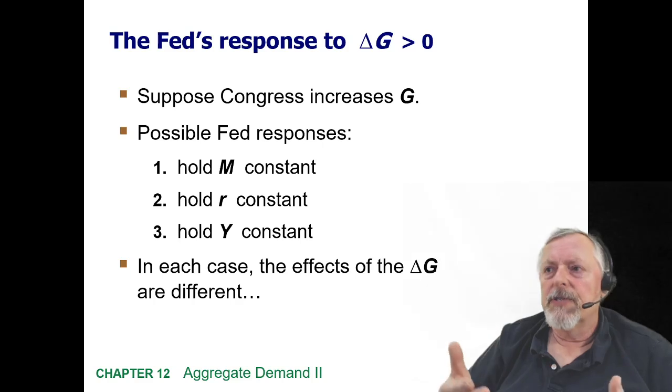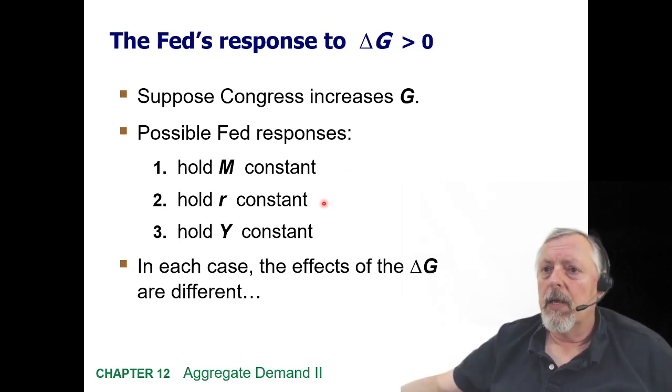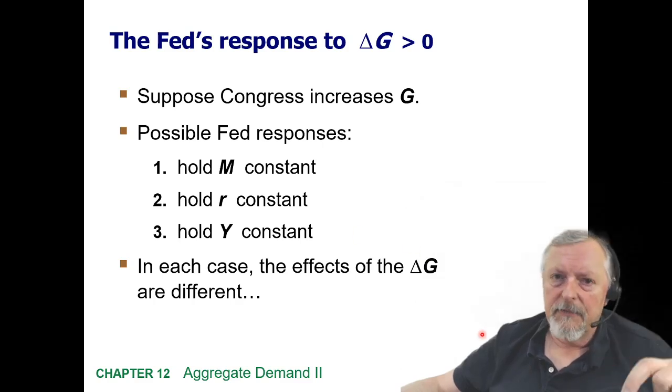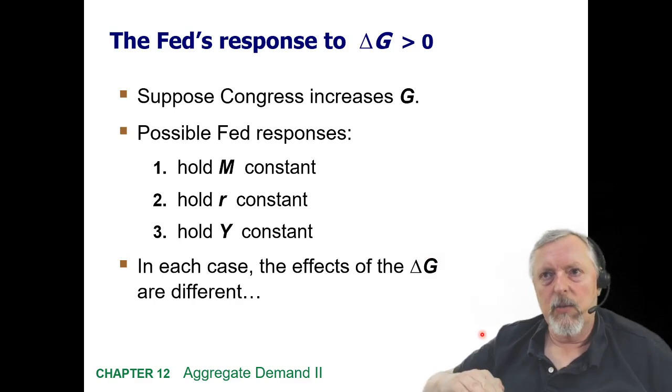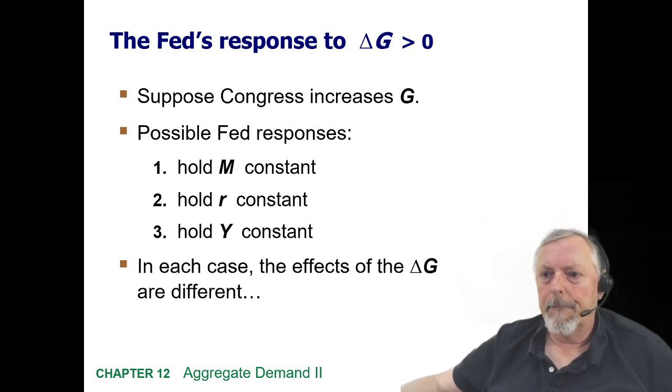What are the Fed's options to respond? Well, the Fed can do three things. It can hold the money supply constant, it can hold the interest rate constant, or it can hold output constant. Each one of these has a different net effect interacting with the original fiscal policy change. Let's look at them one at a time.